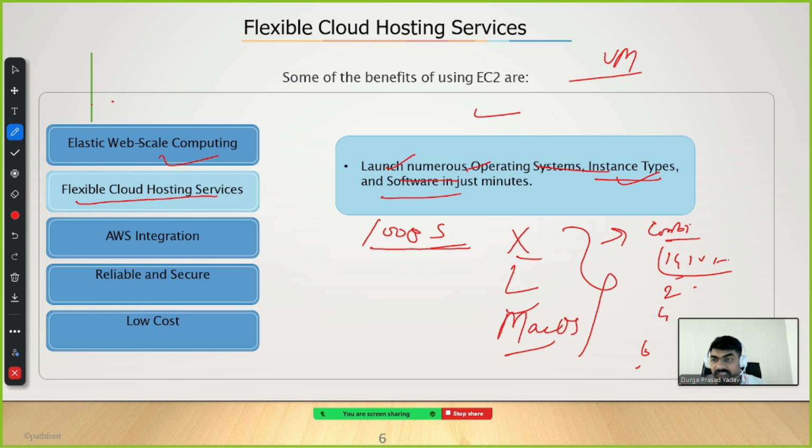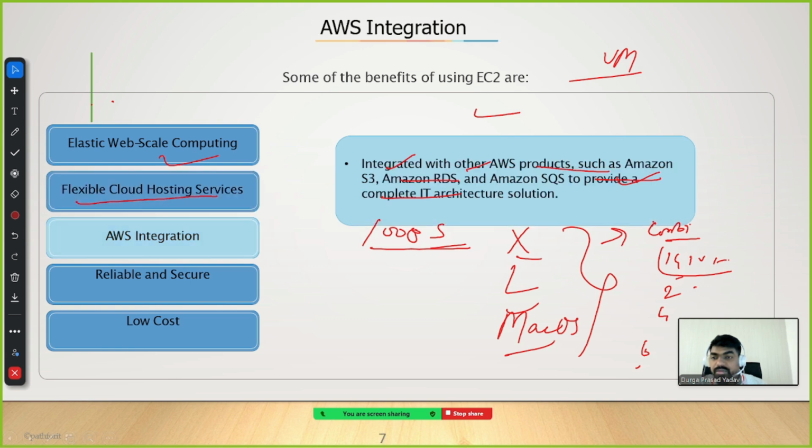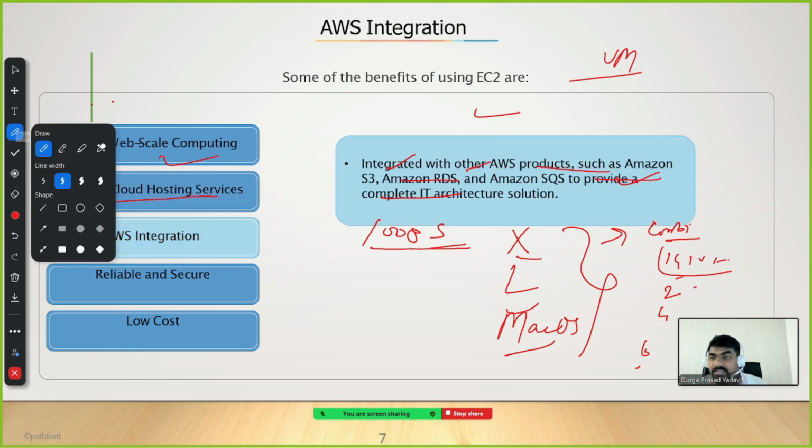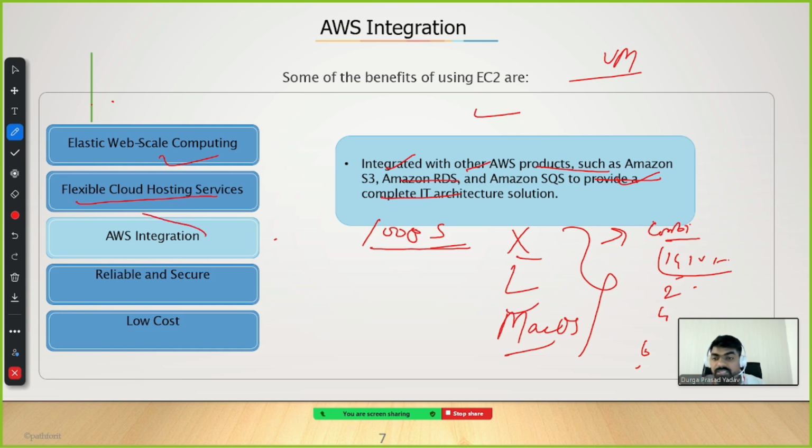Along with that, guys, you can integrate the EC2 service, or the resources you create, the virtual machines and instances, with other AWS products such as Amazon S3, Amazon RDS, and SQS, and it will also provide a complete IT architecture solution.